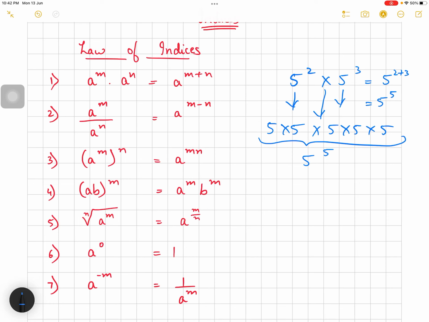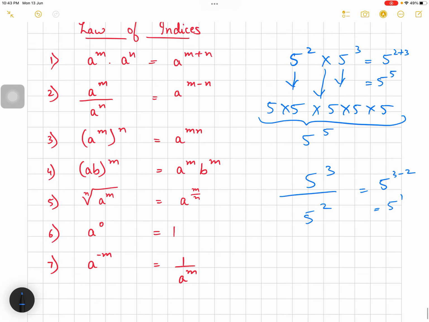Similarly, second law: a raised to m upon a raised to n is equal to a raised to m minus n. Suppose 5 raised to 3 upon 5 raised to 2 is equal to 5 raised to 3 minus 2, which is 5 raised to 1. 5 raised to 1 is 5 only, right?